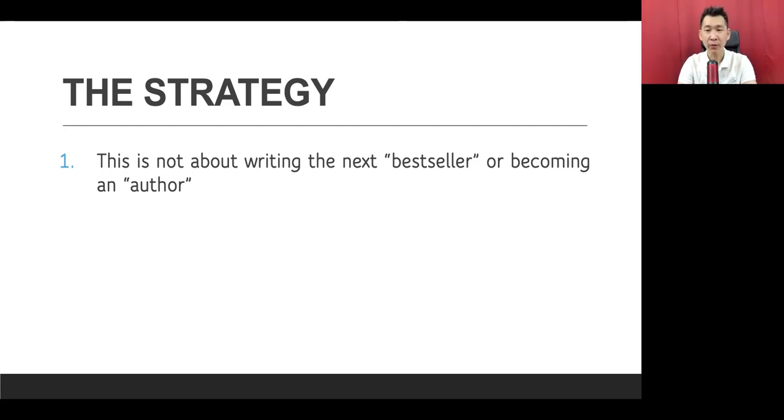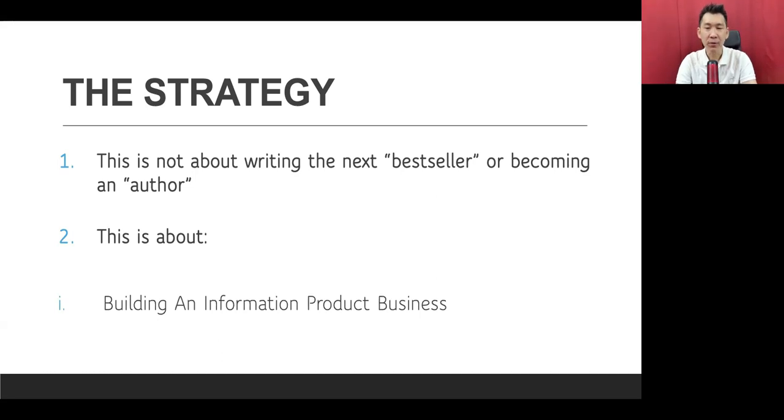However, if we don't focus on trying to be a best-selling author, or on trying to be an author, but instead focus on how to build a business by using the book model, then maybe you can be richer for that matter. So this is about building an information product business.